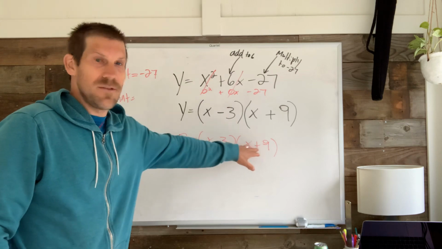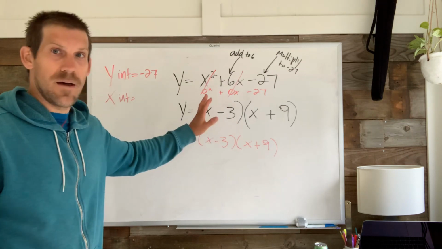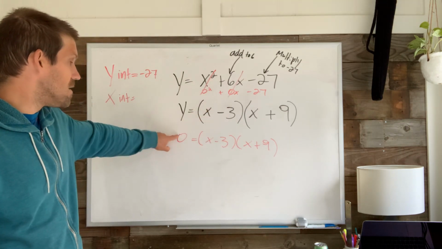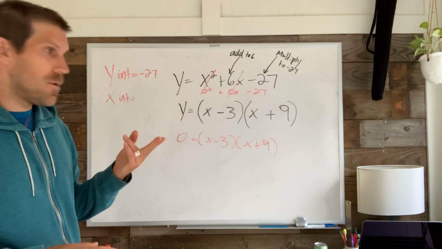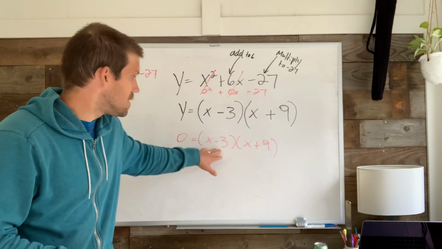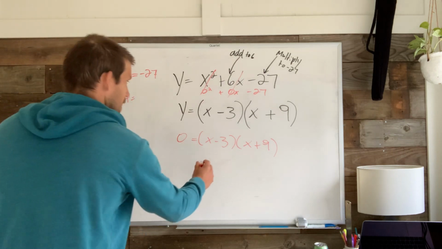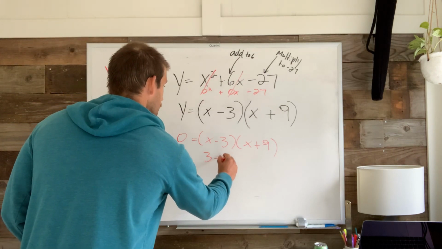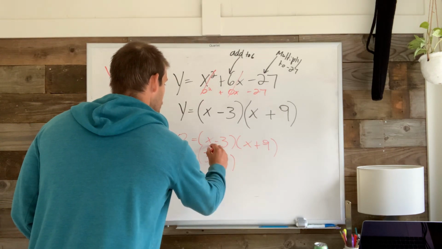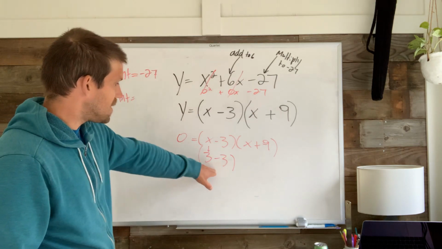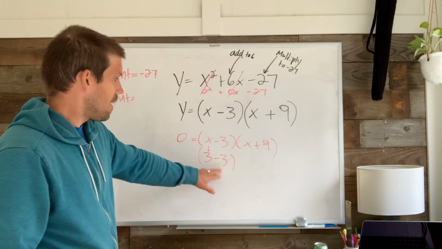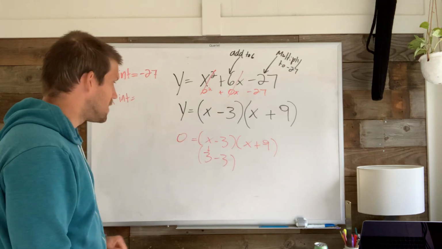So if either one of these becomes 0, the whole thing becomes 0, which makes y 0. So what two numbers could make these 0? Well, in this case, if we put a 3 in for x, right here, that makes this 0. Okay, 0 times anything is 0.